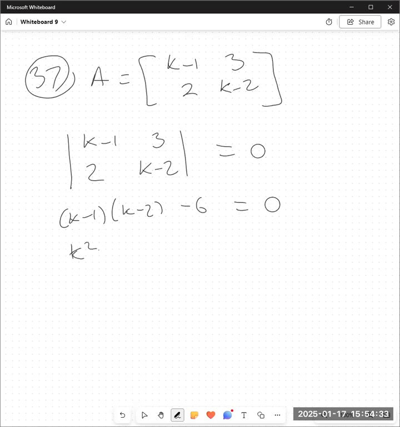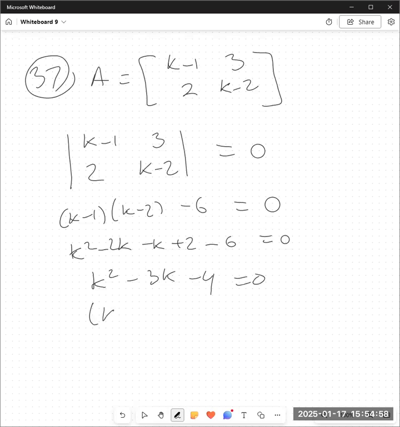That's k squared minus 2k minus k plus 2 minus 6 equals 0. K squared minus 3k, sorry, it's a minus 4, equals 0.